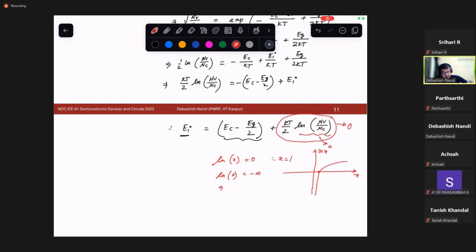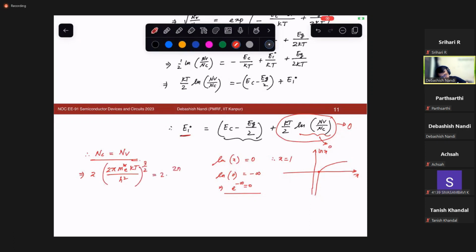Why is it minus infinity? Because e to the power minus infinity is 0. We have discussed this a few minutes back. So your Nc has to be equal to Nv for Ei to lie at the center of the band gap. And what is Nc? Nc is nothing but 2 pi m star e kt over h square to the power 3 by 2.